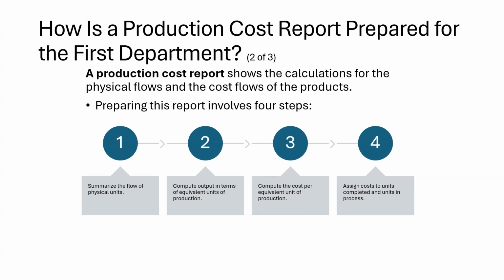Step 2 is to compute output in terms of EUP, or equivalent units of production. Step 3 is to compute the cost per equivalent unit of production. And step 4 is to assign costs to units completed and units in process.